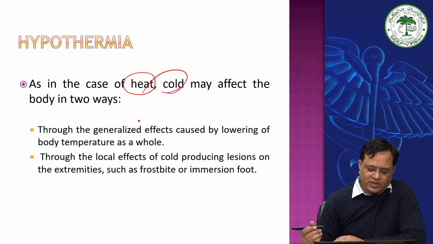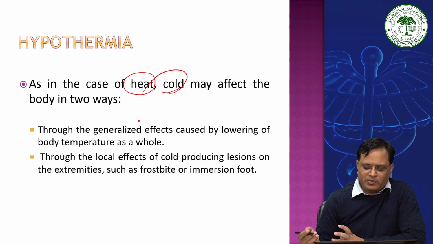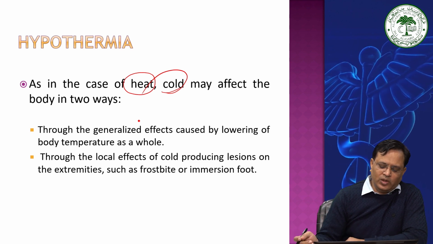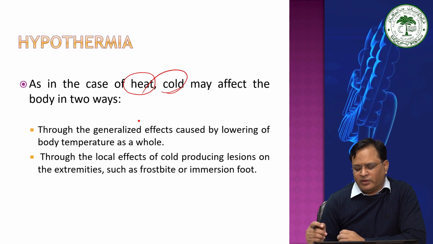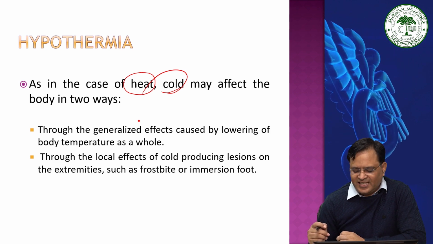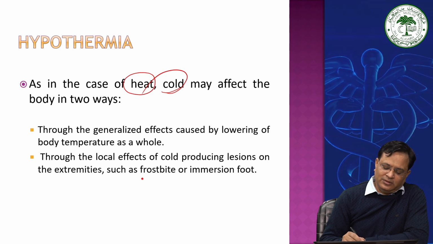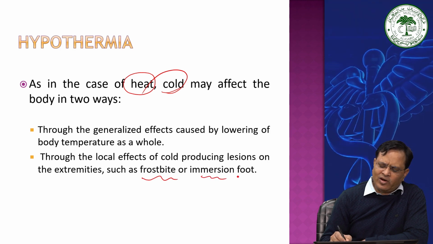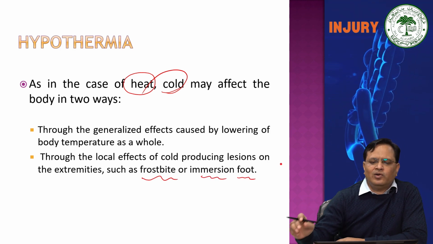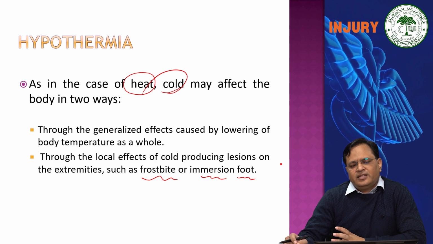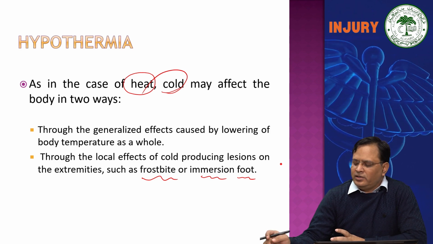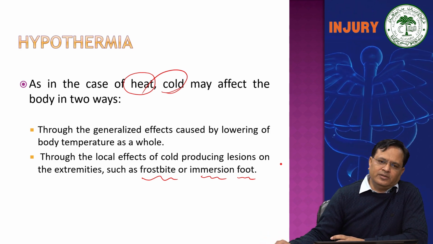The generalized effect is caused by lowering of body temperature as a whole, or through the local effect of cold producing lesions on the extremities, such as frostbite or immersion foot, which I have already described. That is a localized phenomenon, whereas the generalized phenomenon is an overall decrease in body temperature.